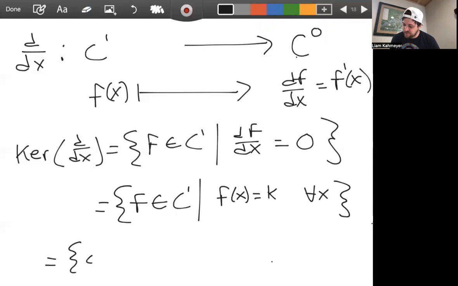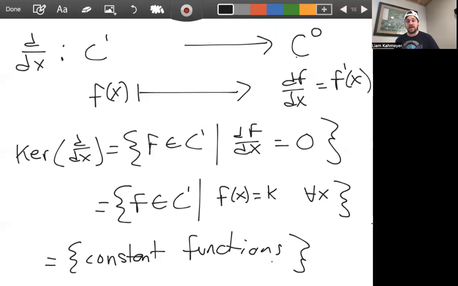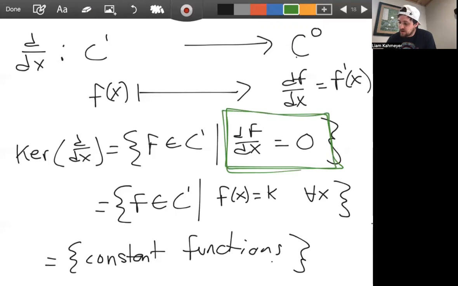If you'd like to see this a little more informally, this is constant functions. And so constant functions would make up the solution space to this linear system of equations, df/dx equals 0. This is how we think of the null space, or how we think of the solution space to a homogeneous system of equations.